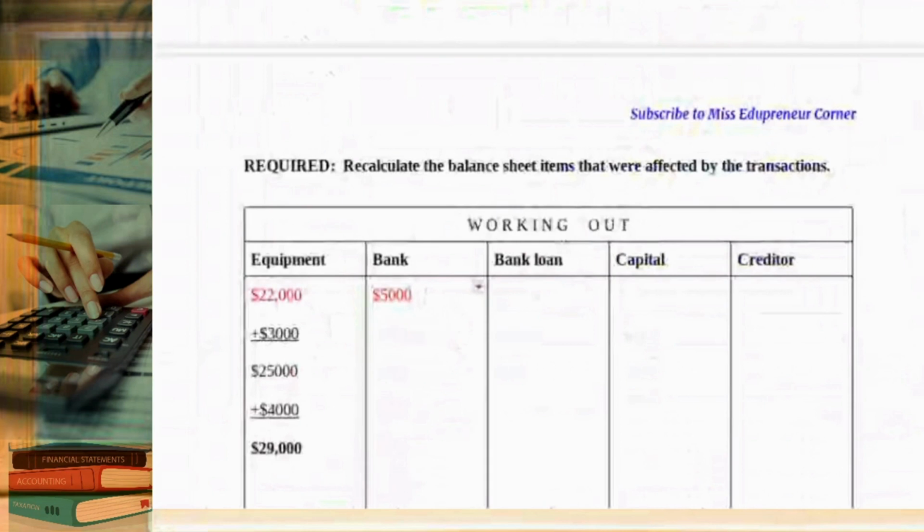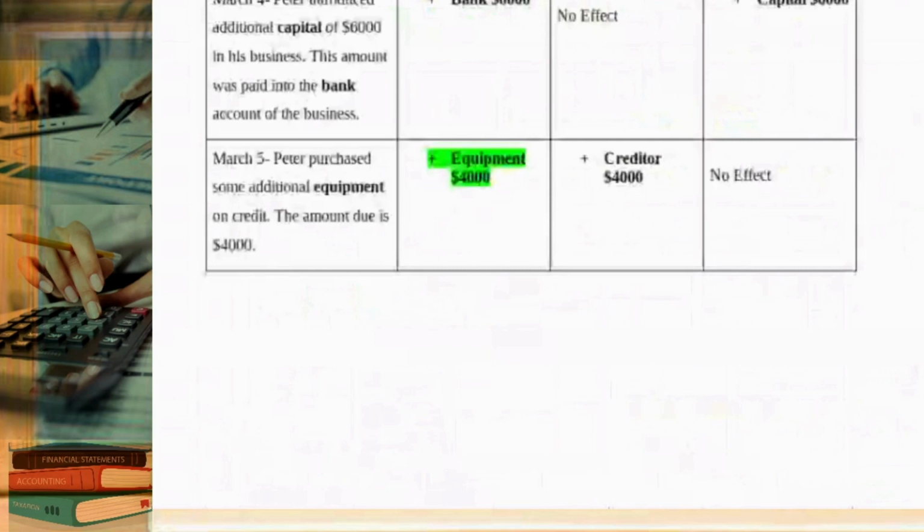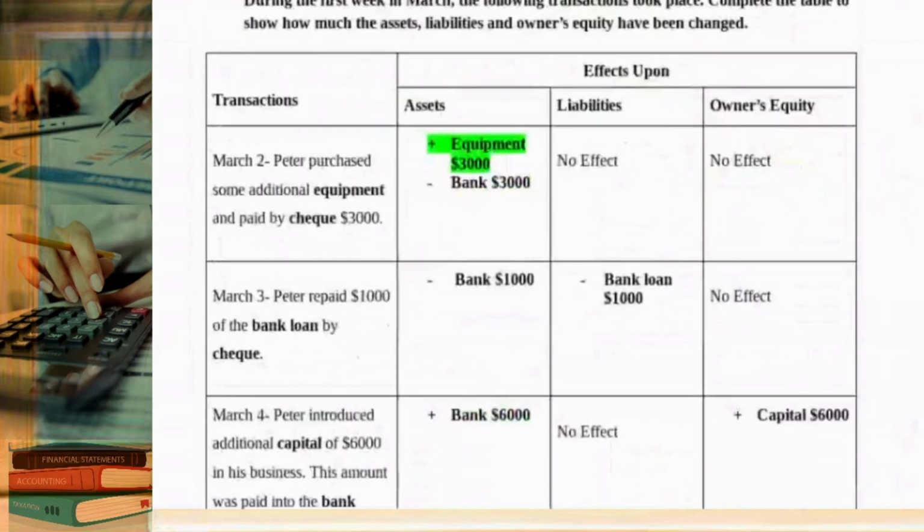And then now we're going to go to the effects table, and we're going to identify all the transactions where bank was being affected. So in the first transaction, we realized that bank was decreasing by $3,000.